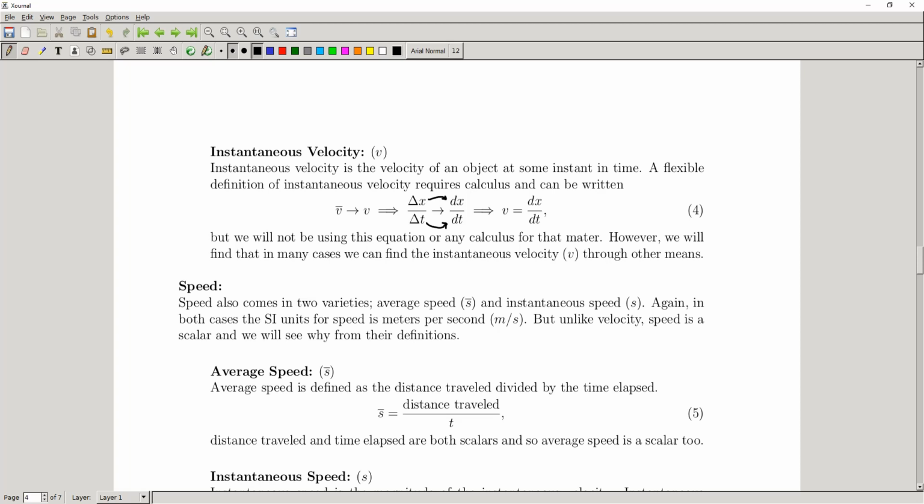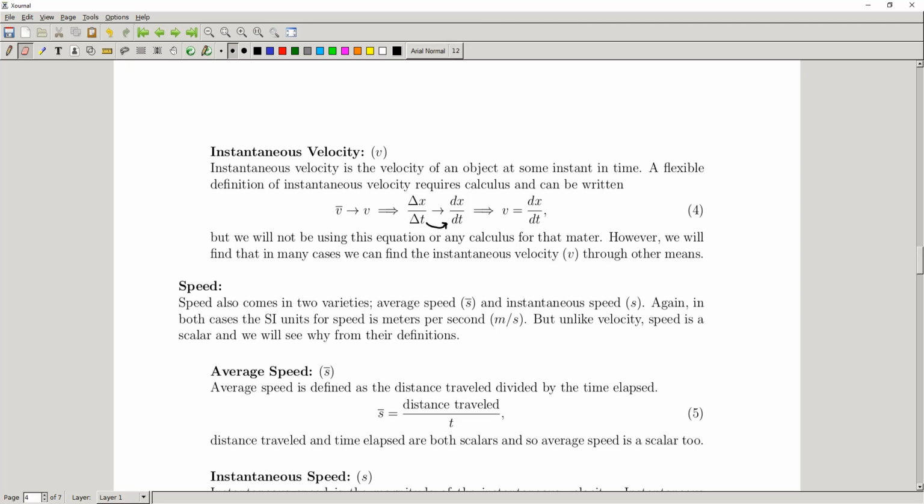That's going to mean that our velocity goes to an instantaneous velocity. Now, we're not going to be using calculus, and so we're not going to use this equation at all. But we're going to find that in many cases, we're able to get an instantaneous velocity through other means, and that's what we're going to be looking at in the next video.